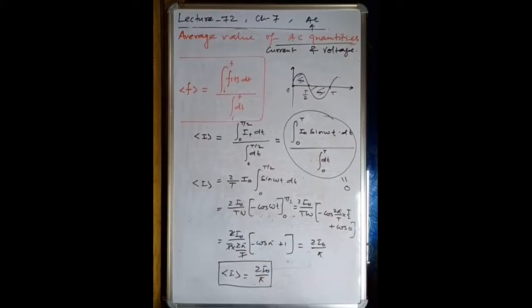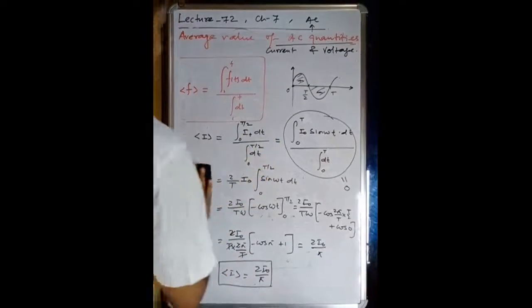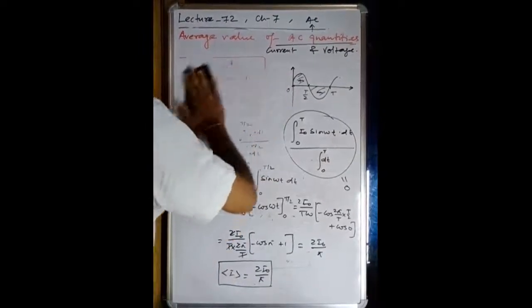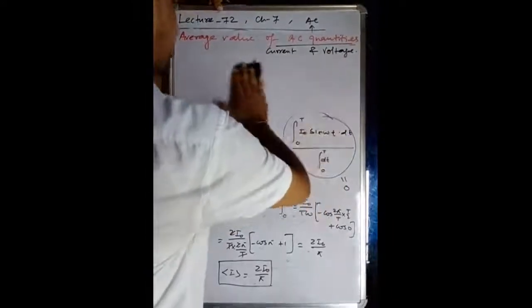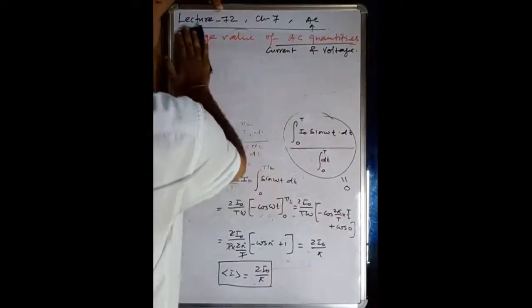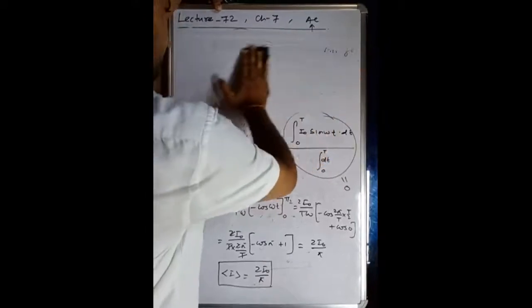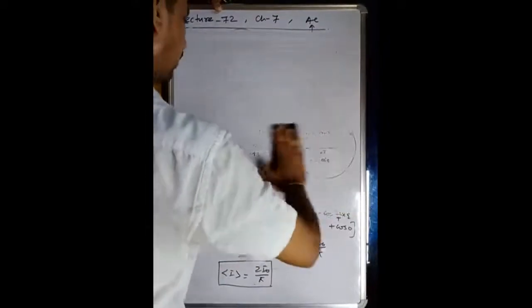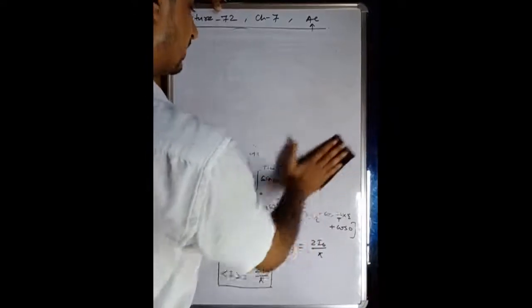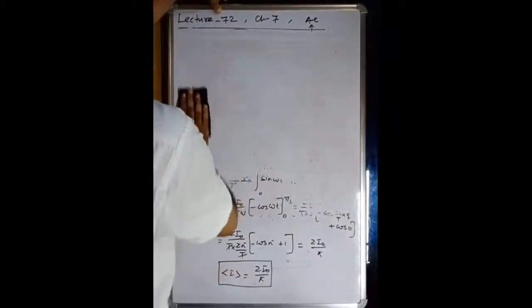If you have any question, not very tough, to find the average, you can solve it using this formula. But this particular derivation is often asked in examinations. Remember, derive this value, that is the average value of AC over half cycle, full cycle, etc.